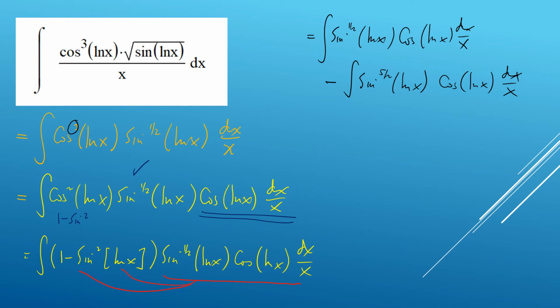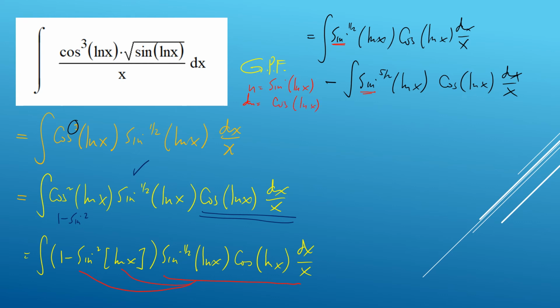For both integrals, we will be using the generalized power formula. Where your u is sine of ln x. Sine is your u. And your du is the derivative of sine, which is cosine of ln x.